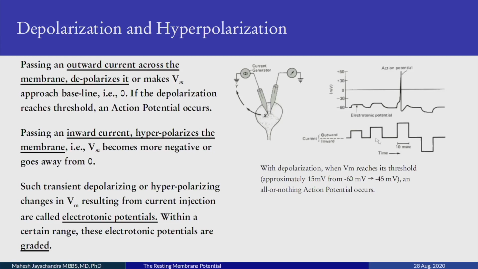These transient depolarizing and hyperpolarizing potentials are called electrotonic potentials, and within a certain range they are graded. But once it reaches threshold, then you have the action potential. Of course, with hyperpolarization, there is no action potential, it just gets more and more hyperpolarized.